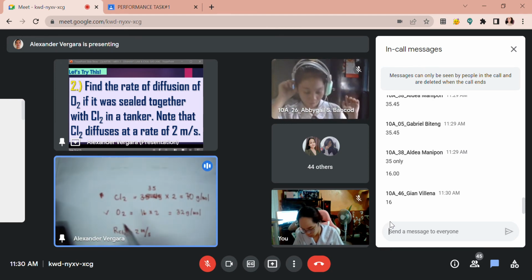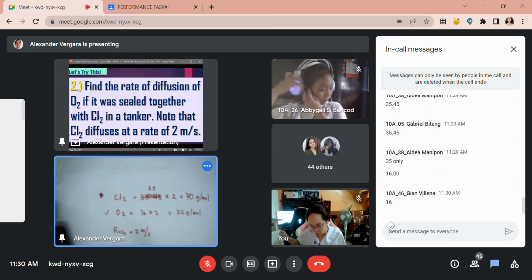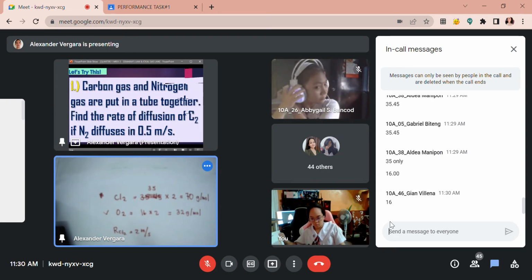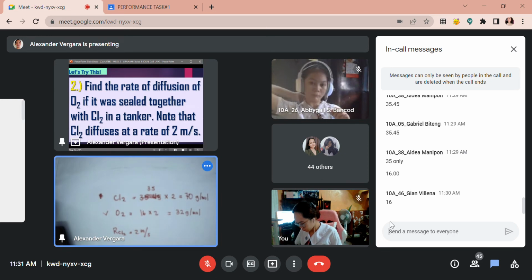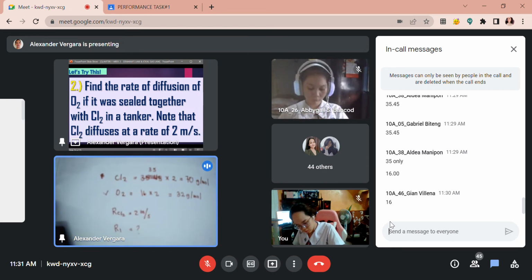So as you can see, since Cl2 is the R2, because remember in the given, R2 is the slower rate speed gas or the gas 2. So the slower rate here is this Cl2 because that is the heaviest one. So we're going to find the R1. Okay? So let's proceed already with our given.